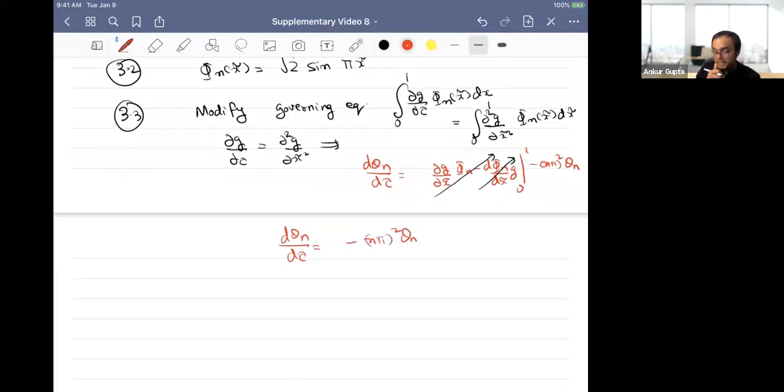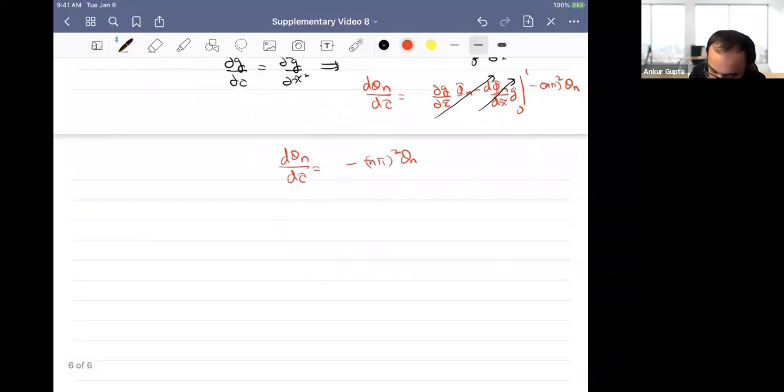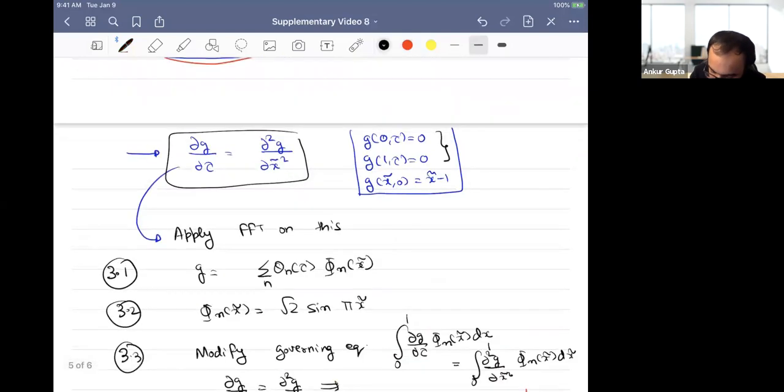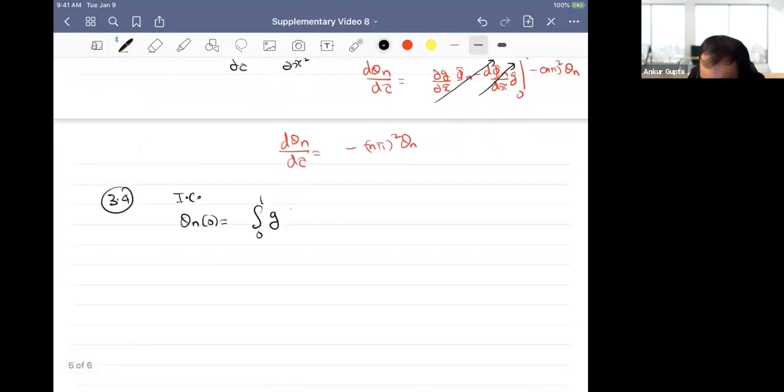Okay. What we need now, so fourth step, is to get the initial condition on this theta n. So this is important, that theta n of 0 is integral 0 to 1. Now we have to be careful, it is g, not the theta, because we are applying now on this equation, g of x comma 0 phi n x dx.